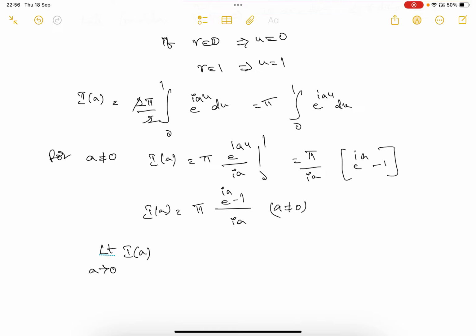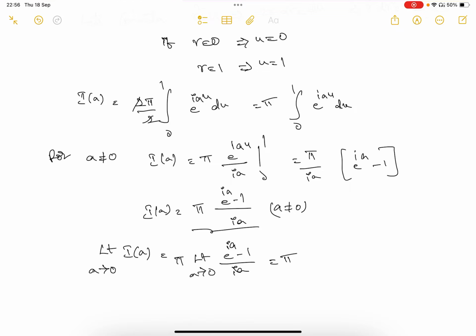I of a is, which we can write as pi is a constant, and keep it out. Then this will be limit a tends to 0 of e power ia minus 1 by ia. As this is getting a form of 0 by 0, then you can use L'Hopital rule. Then let's just differentiate it.